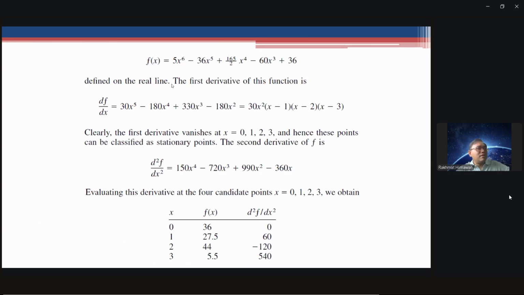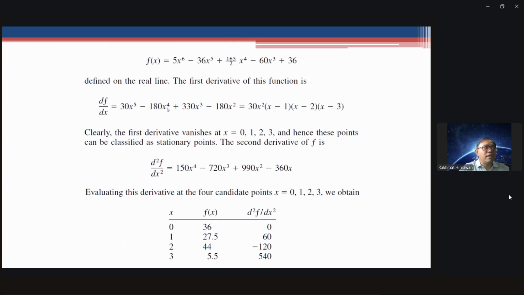The first derivative of the function is this, f'(x). So 5x to the power of 6 becomes 30x to the power of 5, right? And 36x to the power of 5, if you take the derivative, becomes 180 because 36 is multiplied by 5, and the power of 5 becomes power of 4.